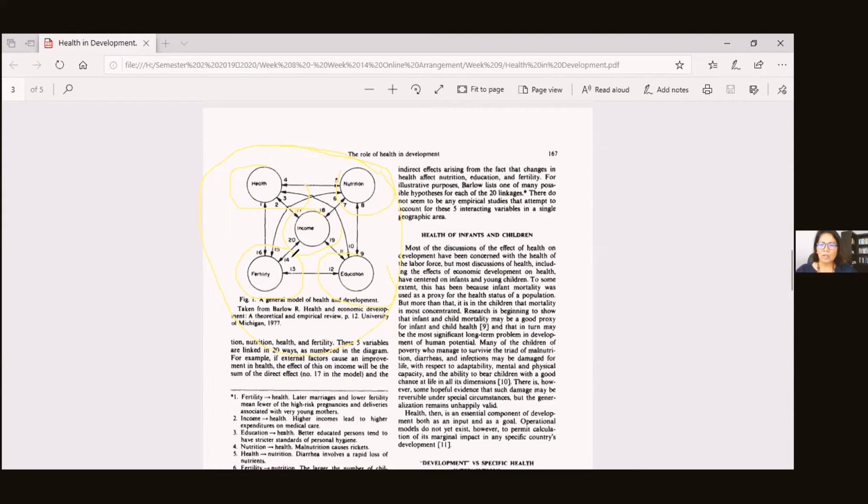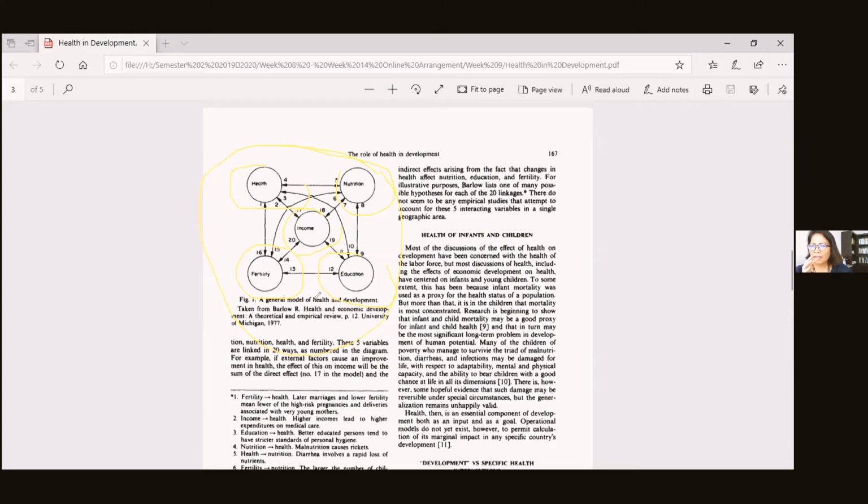So when you think about reality or phenomena or issues, how can health issues affect development?